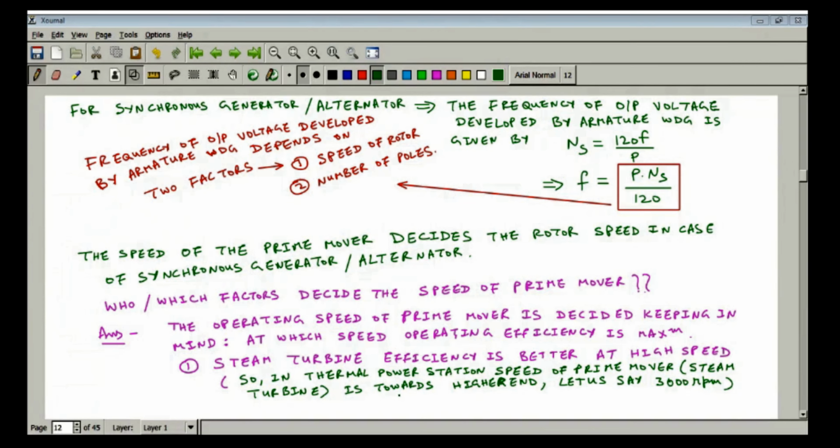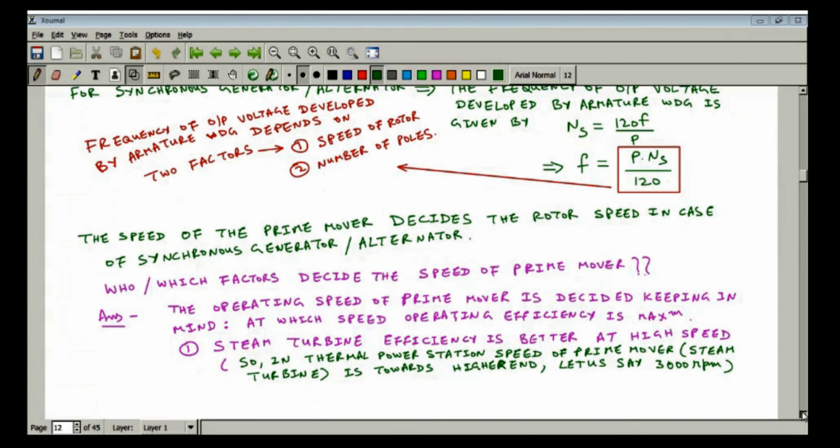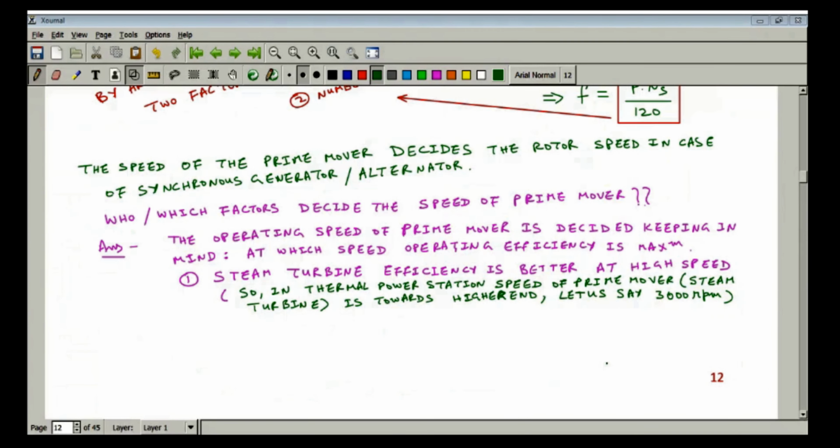then the number of poles are also fixed. I will tell you why. If a synchronous machine has to work in India, then the operating frequency has to be 50 Hz.